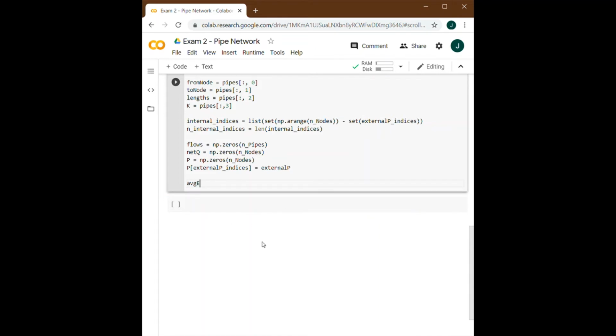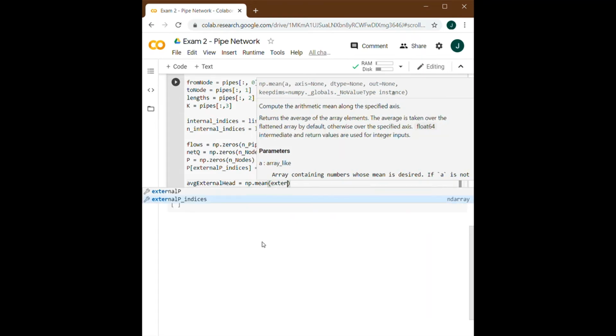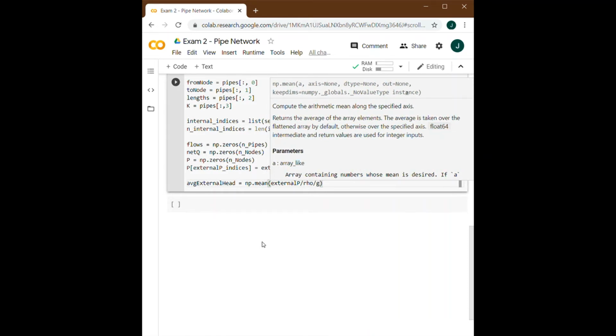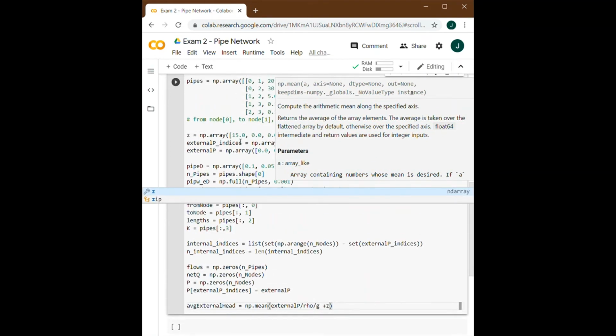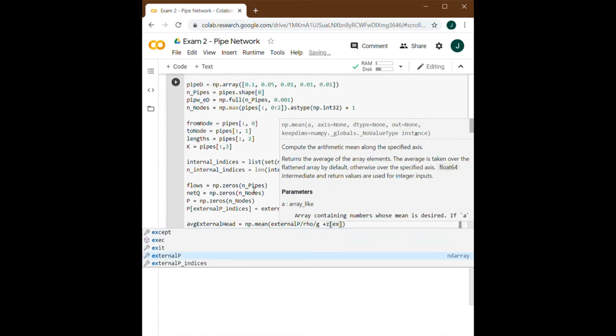So we're going to call this average external head, numpy mean, so numpy average, of our external pressures divided by our rho divided by our G plus Z, so plus our heights from this array using our external P indices.